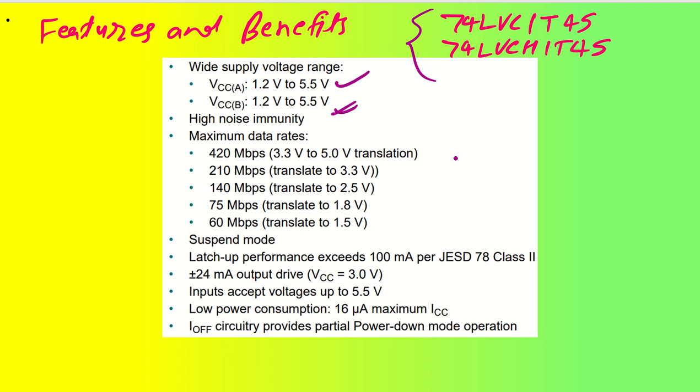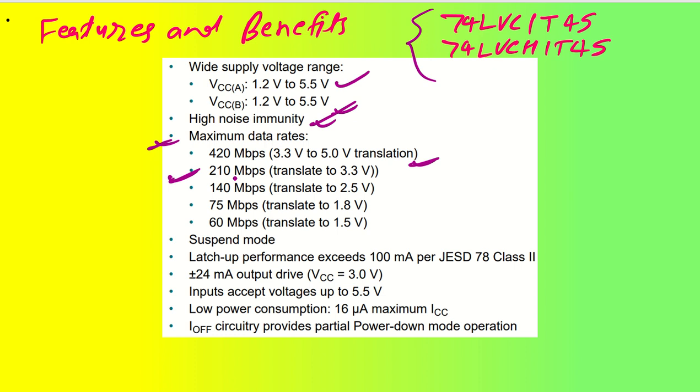It has very high noise immunity and very good maximum data rates. You can see that for a 3.3 volt to 5 volt translator, it can go up to 420 Mbps. If it has to translate to 3.3 volts from other voltage levels, it works up to 210 Mbps. Like that, you can have other things.